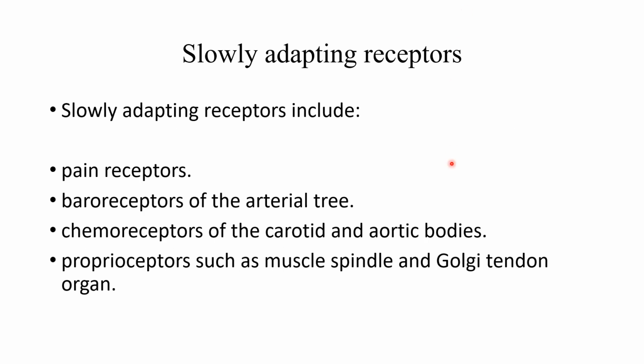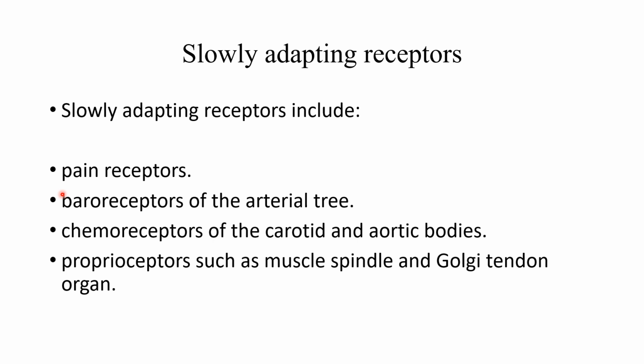Some examples of the slowly adapting receptors are the pain receptors. As we said previously, this is a type of stimulus that you don't want to adapt to. You want to continuously remind the body that there is tissue damage. Also baroreceptors, that tell us about changes in blood pressure.